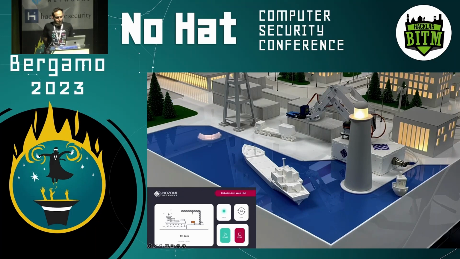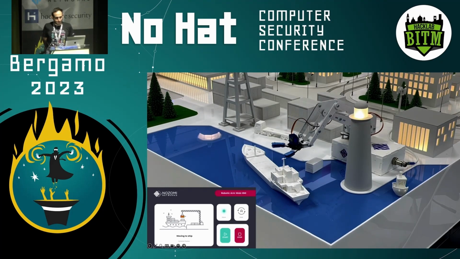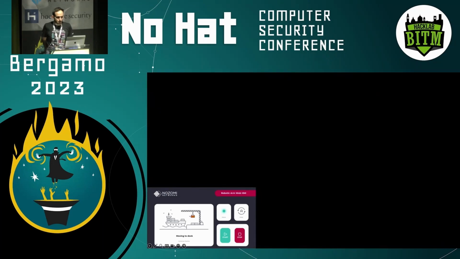But in a matter of seconds, when the new loop starts, the robotic port crane is going to take the container, move to the ship, and drop it against the ship and back into the sea. And you can see, again, on the web HMI, that nothing at all was happening. The operator couldn't know at all that something weird was going on.